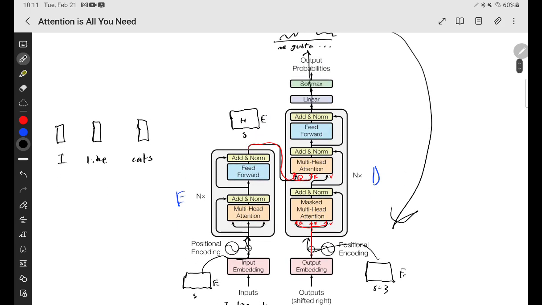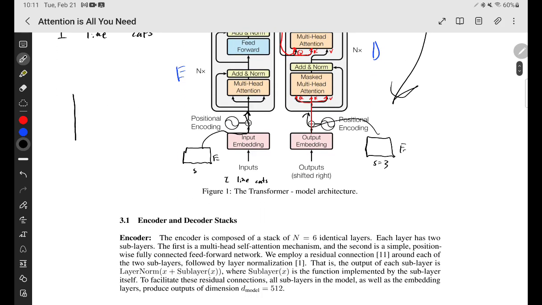Positional encodings work like so. You have multiple sine waves or cosine waves of increasing frequency. So this will be frequency f, this will be, I don't know, frequency 2f, 3f, and so on.